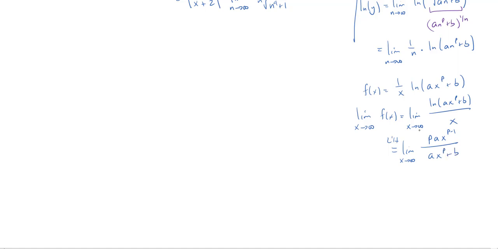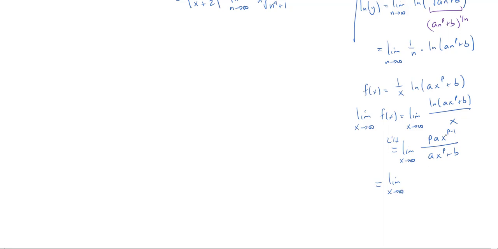And this is a situation we've seen a lot before in class where we have here just a power of x with a constant. We have another power of x on the bottom, but this power of x is larger than the one on the top. And so we should expect that this limit is going to be 0. Right? Now we can show it again easily. We're going to just divide the top and the bottom by x to the p minus 1.